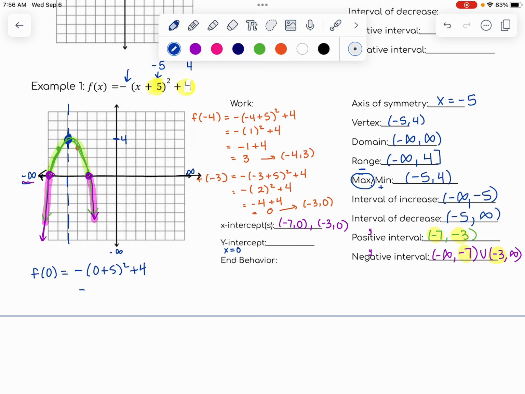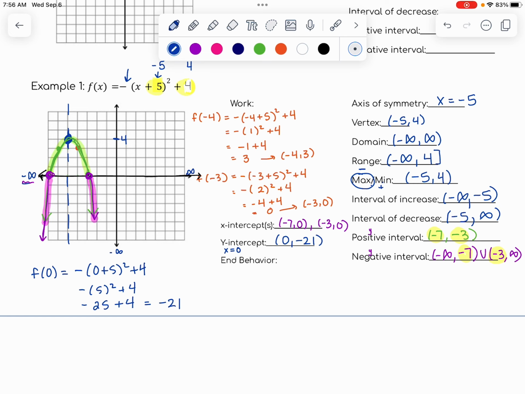I get negative 5 squared plus 4. Be careful with these parentheses. Make sure that you are doing it in the order of operations. So we've got negative 25 plus 4, which equals negative 21. So our y-intercept is at 0, negative 21.